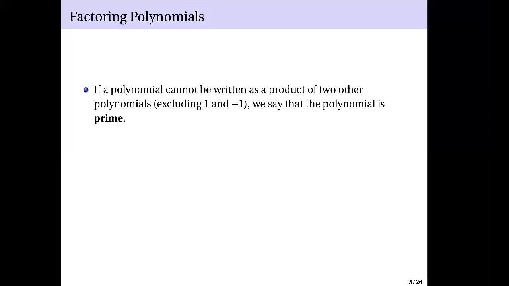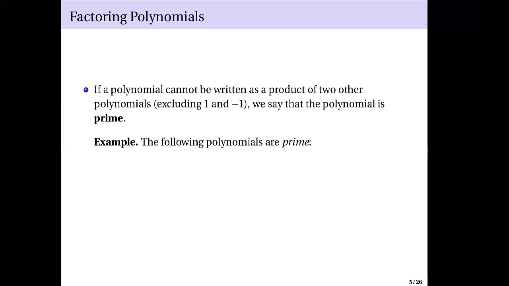So the same thing with polynomials. But here, we include negative 1. So 1 and negative 1. If a polynomial cannot be written as a product of two other polynomials, excluding 1 and negative 1, we say that the polynomial is prime.